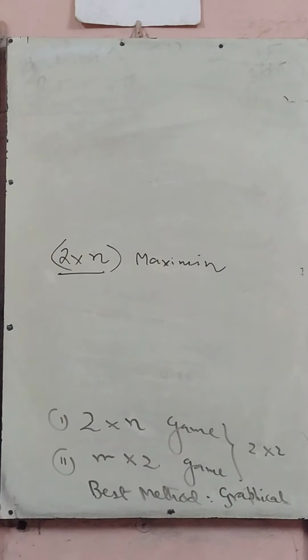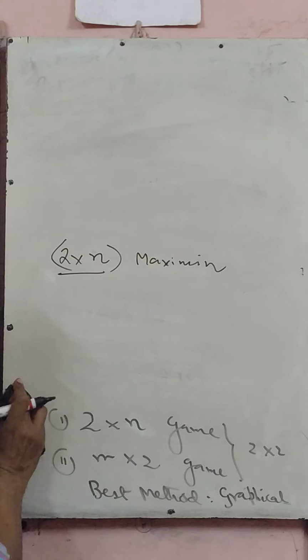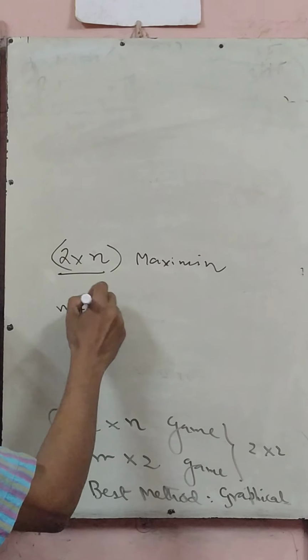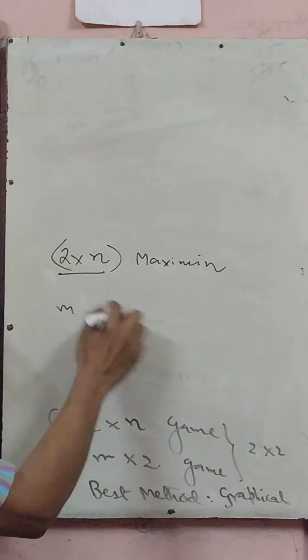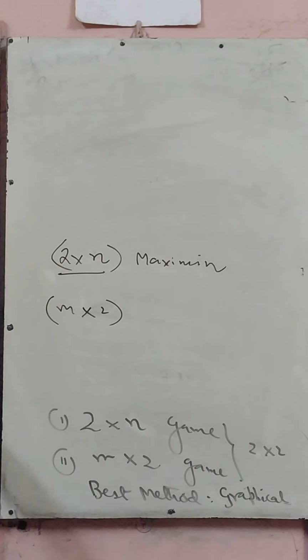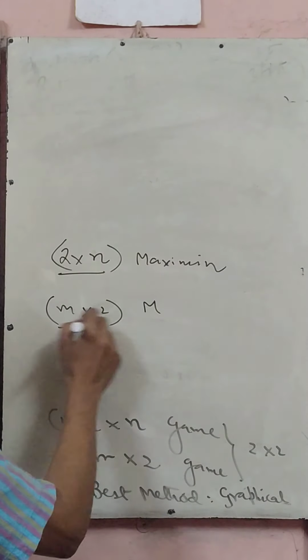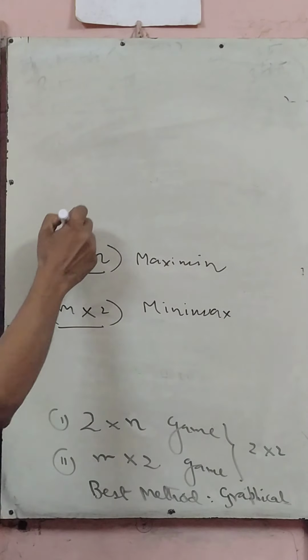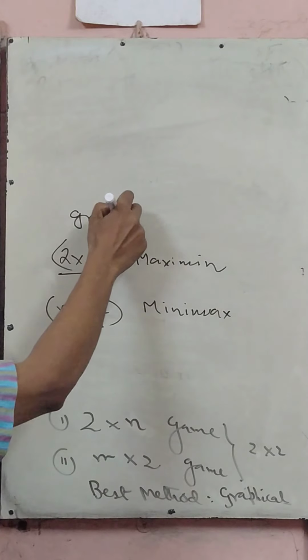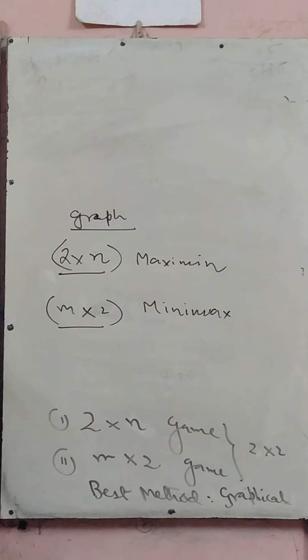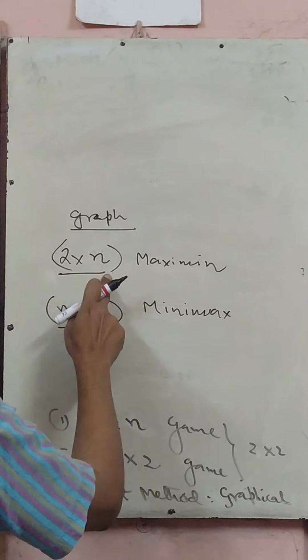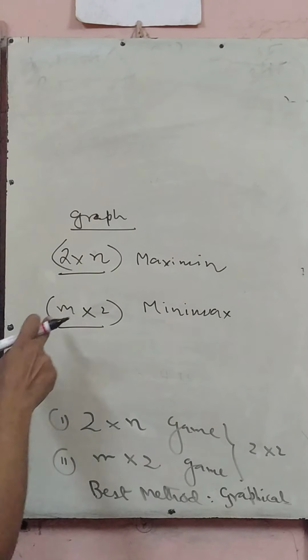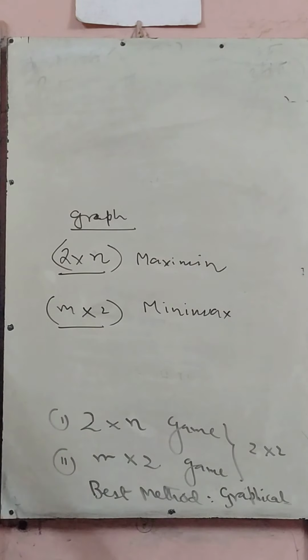So what will we do? The maximin concept, and I will discuss how to get the maximin. If it is m by 2, that is m rows and 2 columns, you remember this will be the minimax concept. So the graphical method will be based on the maximin concept for 2 rows, n columns, and the minimax concept, the minimum of the maximum, for m rows, 2 columns.